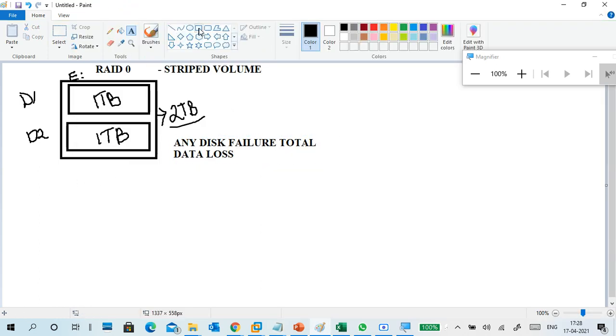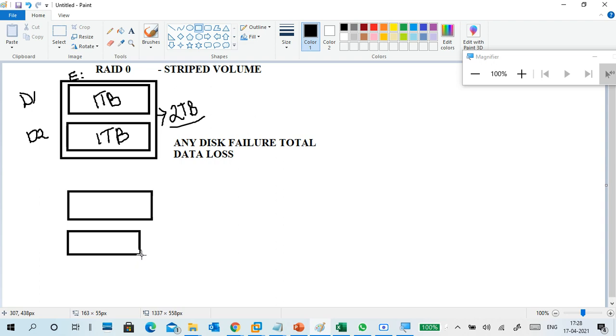Next, what is RAID 1? I'm taking two disks only. Again, this is 1 terabyte, and this is also 1 terabyte. This is disk 1.